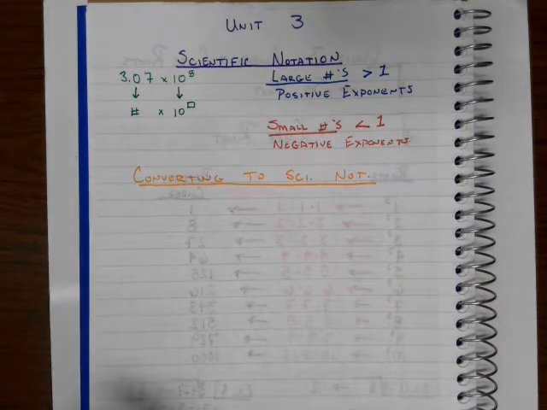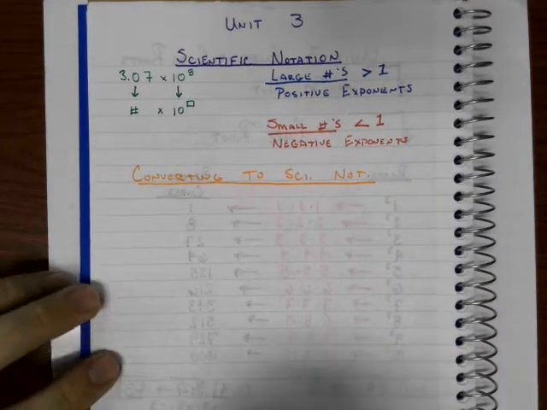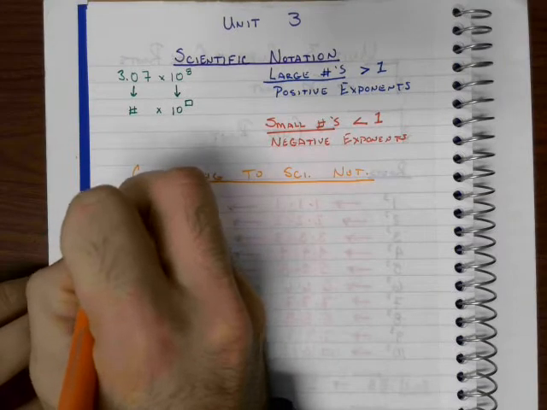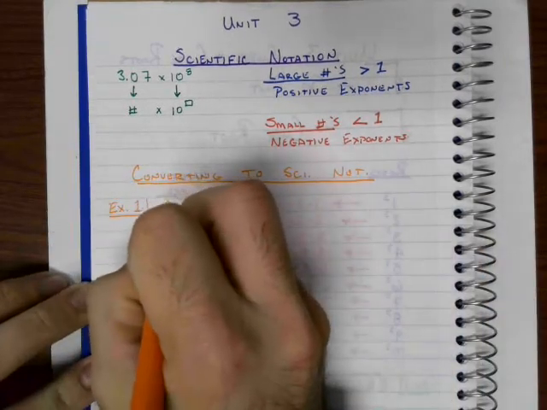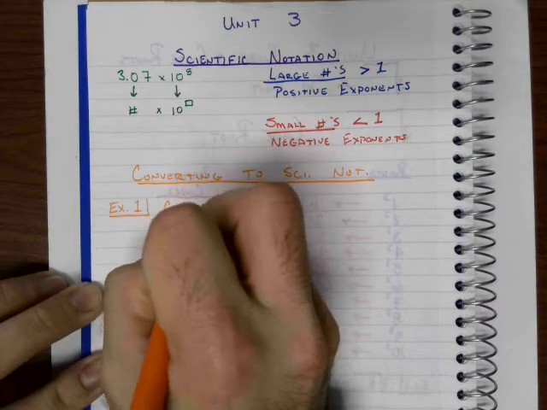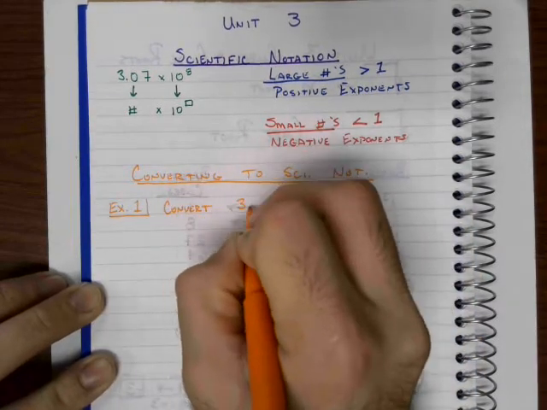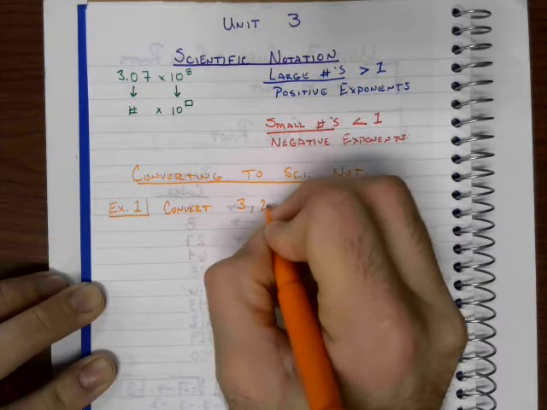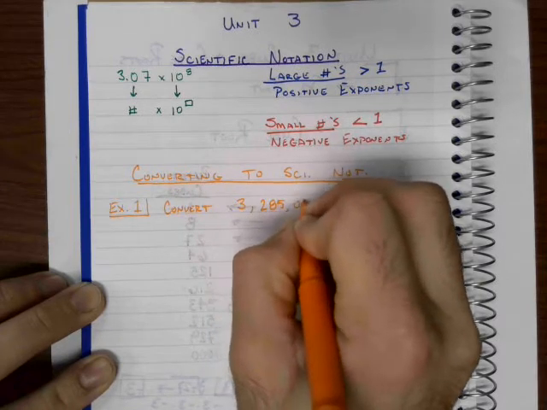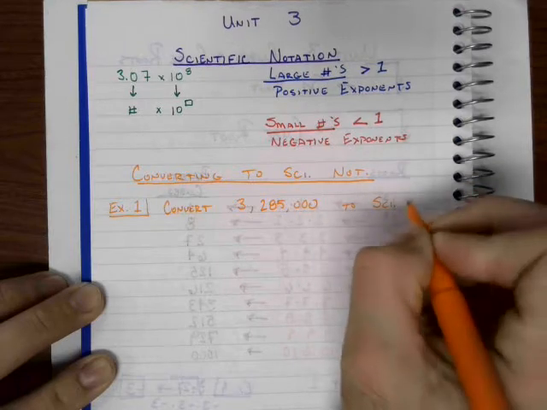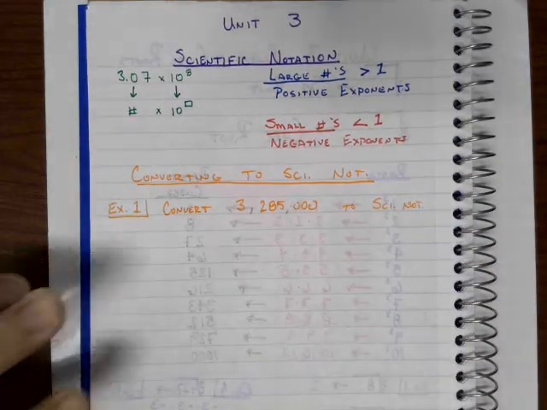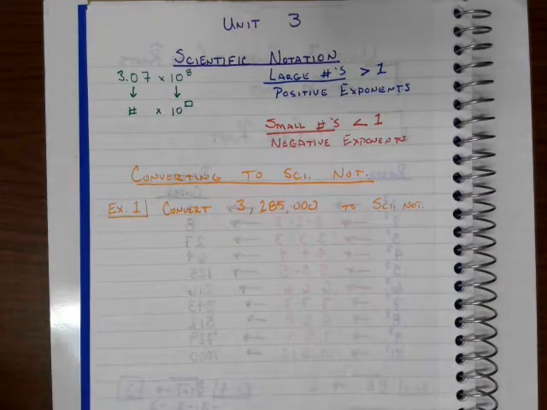All right, so we're going to look at an example first. We're going to convert 3,285,000 to scientific notation. We're going to convert this big number into scientific notation.